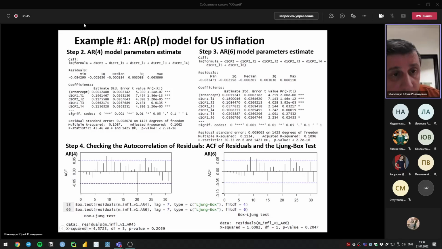Here is given the distribution of residuals of this model, and here are the coefficients. Intercept is our parameter A0, estimates, standard errors, t-statistics, p-value significance. Regression coefficients at first lag, regression coefficients at second lag, and so on.